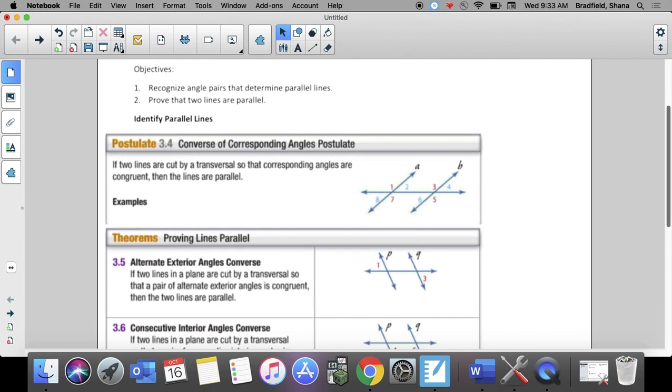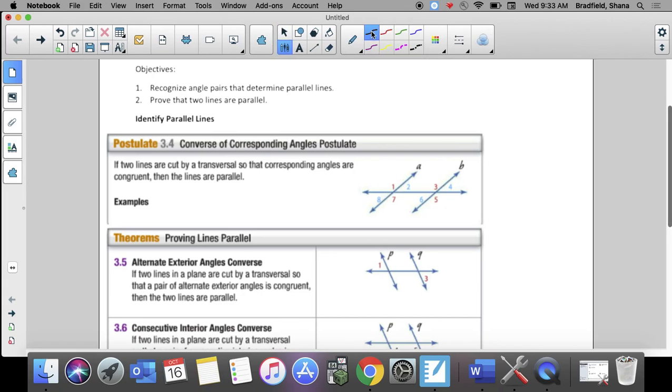So if we know, for instance, that angle 1 and angle 3 are congruent, those are corresponding angles, and since the corresponding angles are congruent, then lines A and B are parallel.